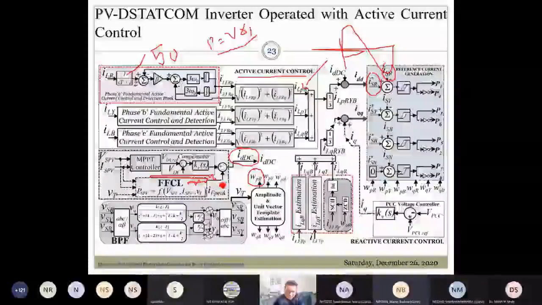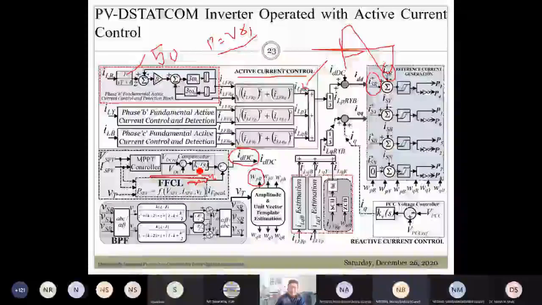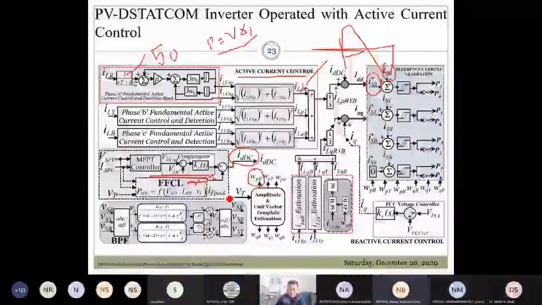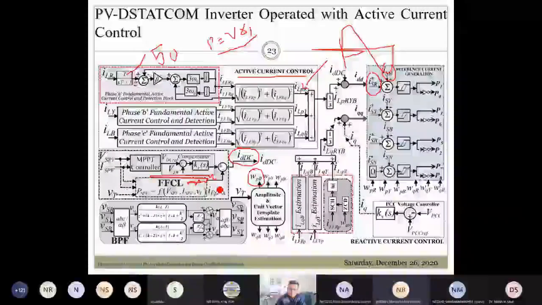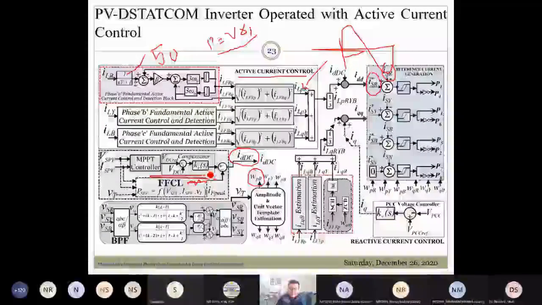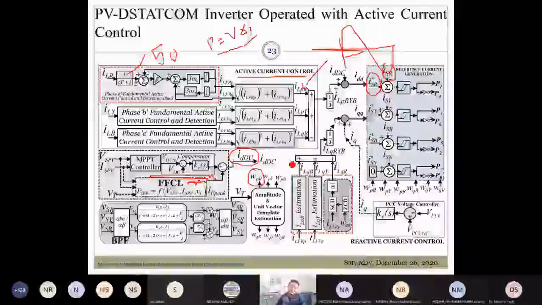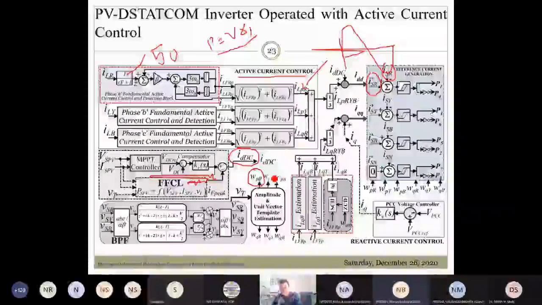And this compensator is nothing but the PI compensator, KP plus KI by S. So these ripples are subtracted from this FFCL. Whatever ripples there are in the compensator, they are mitigated by this. As I mentioned, the impact of this PV array non-linearity will be mitigated prior to it affecting the performance of the grid interface PV system. This is our objective. Okay, thank you very much. Yeah, welcome.